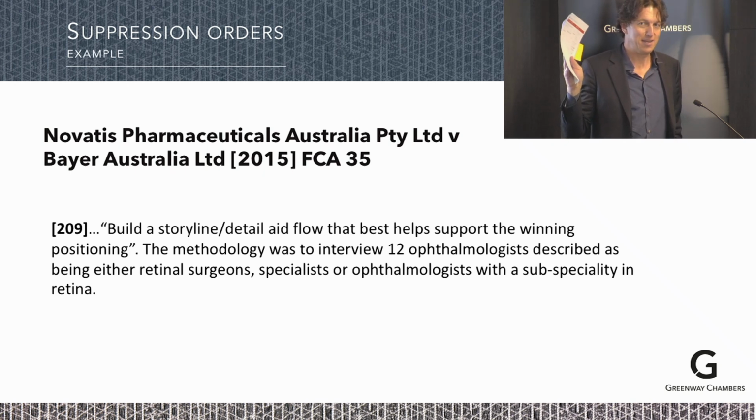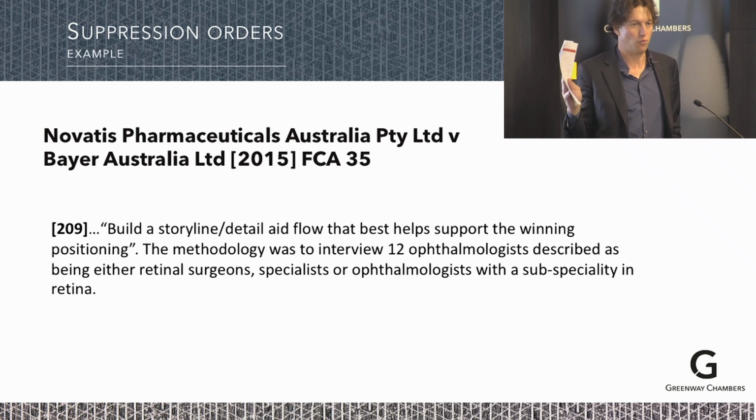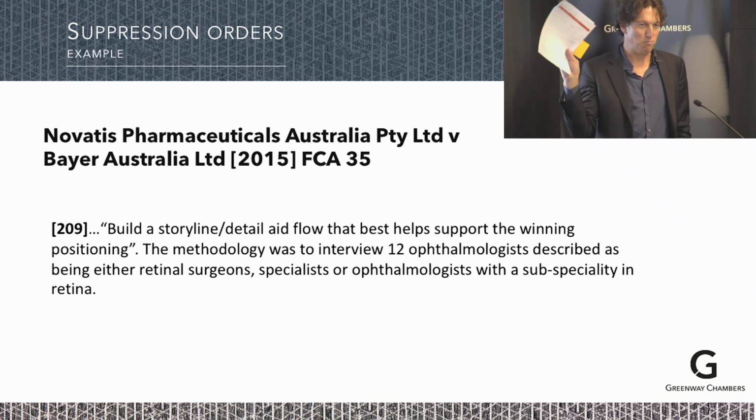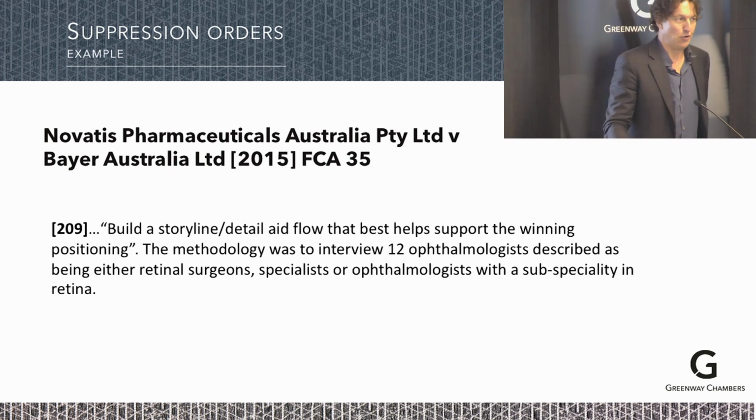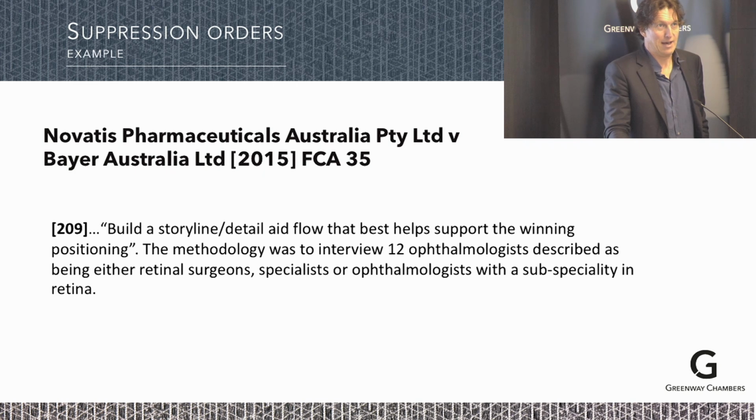There is nothing in this judgment which would indicate why those paragraphs have been redacted. What you do when you see that is you draw an inference. And you draw an inference there is in fact another suppression order in existence, which means that those paragraphs cannot be revealed.